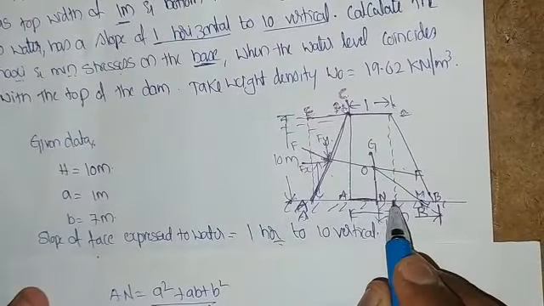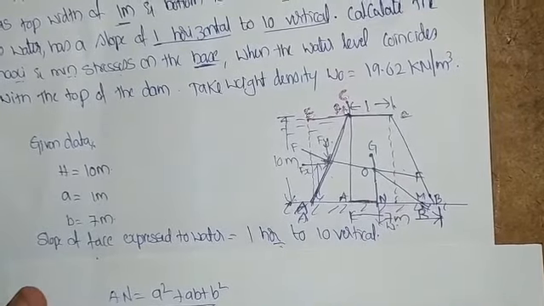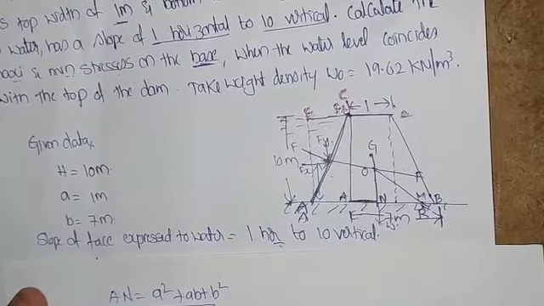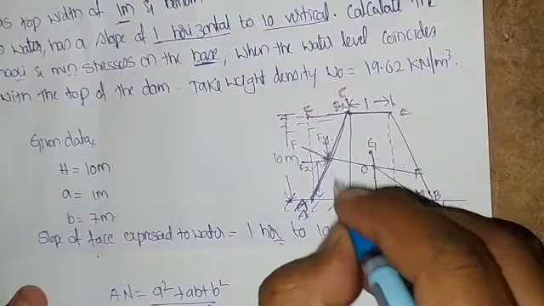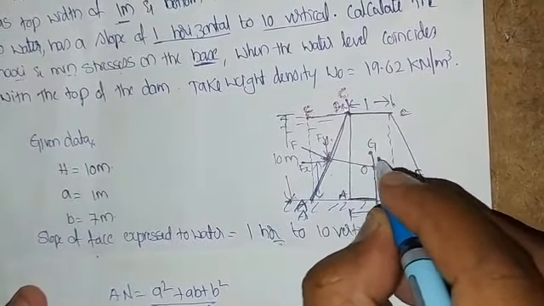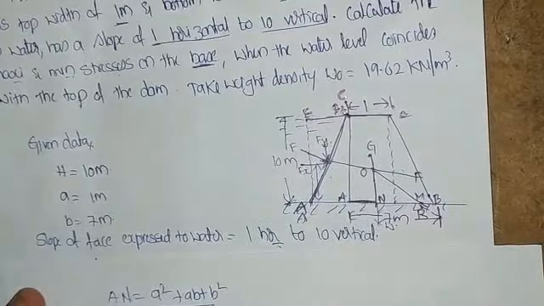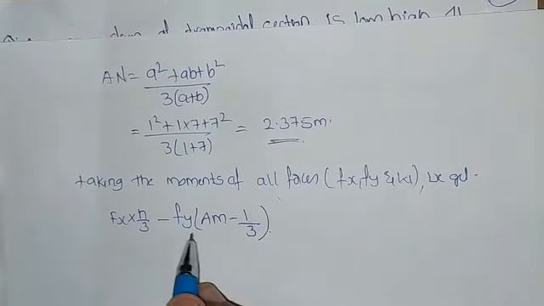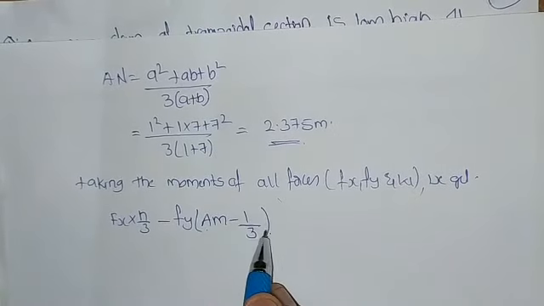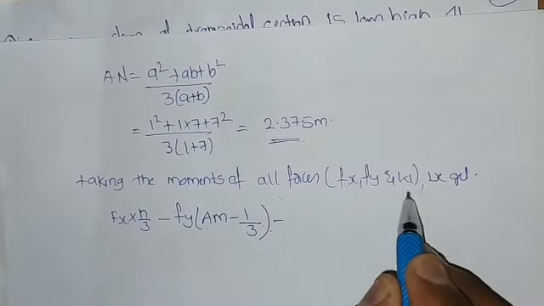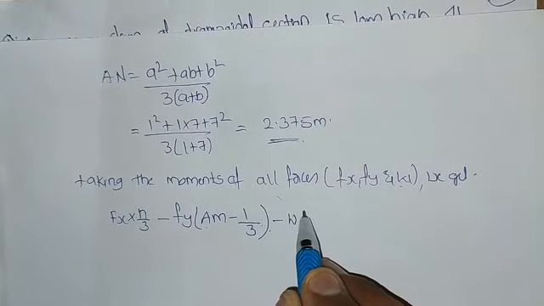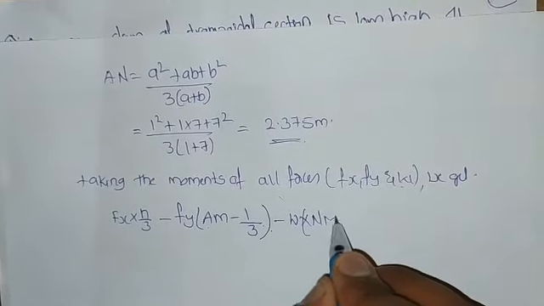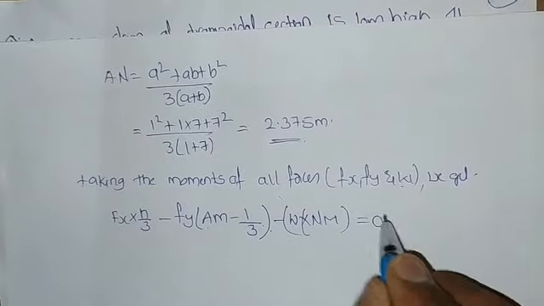The top dam base is 1 meter, so AM minus 1, divided by 3, the height of this section; from the top it is acting at a distance of 1 by 3. Minus the other force W into the total distance NM. W into NM is equal to 0.